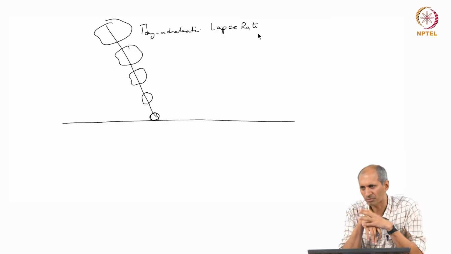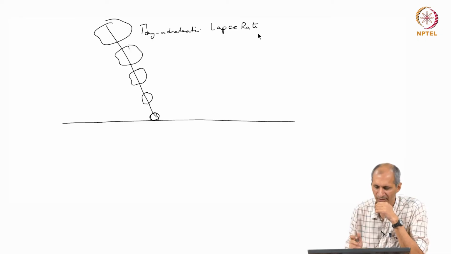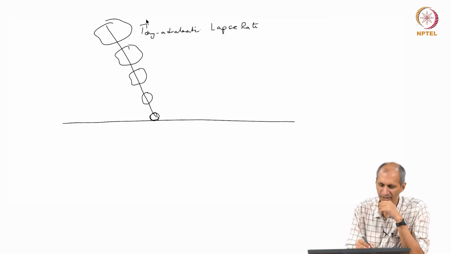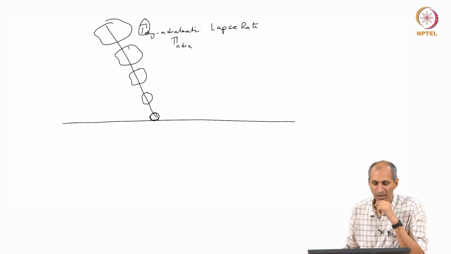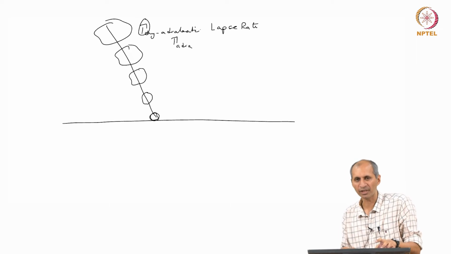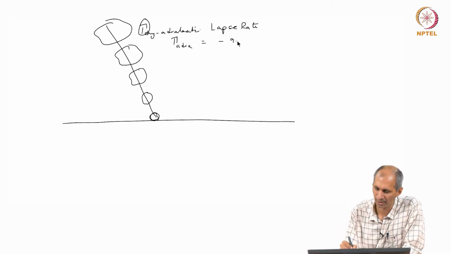It may not be true, but it is a nice reference point for us to have, and it is given by the symbol gamma. We call it gamma adiabatic. This is expected to be the trajectory any air parcel will take, and the value of the dry adiabatic lapse rate is minus 9.8 degrees centigrade per kilometer.